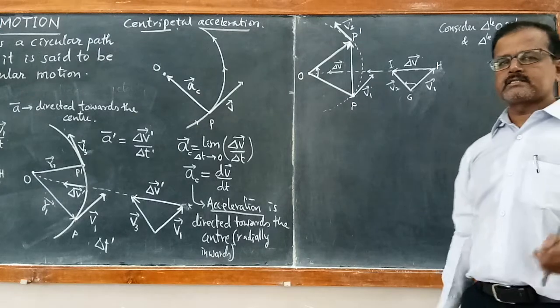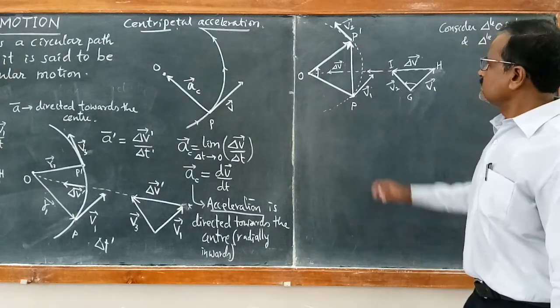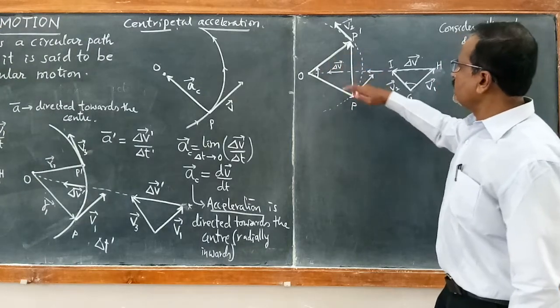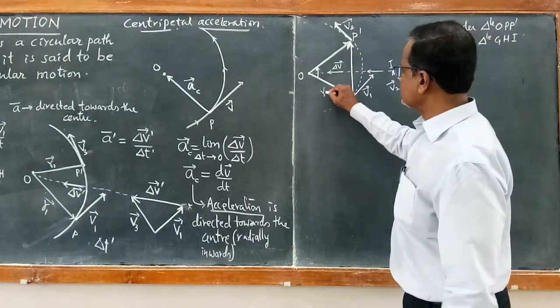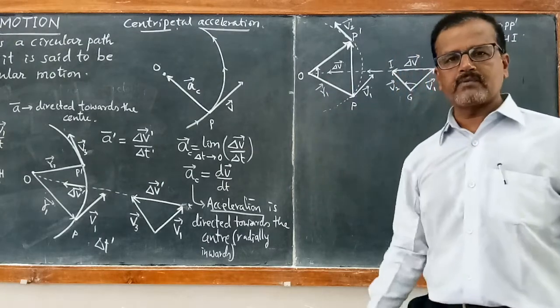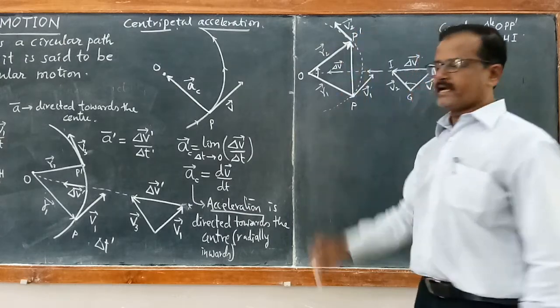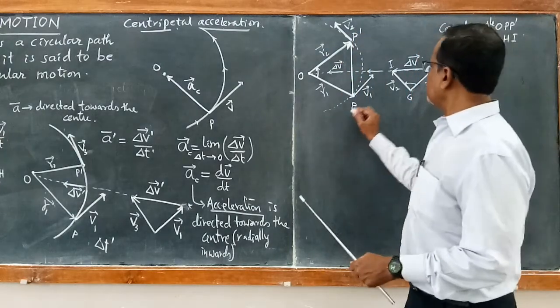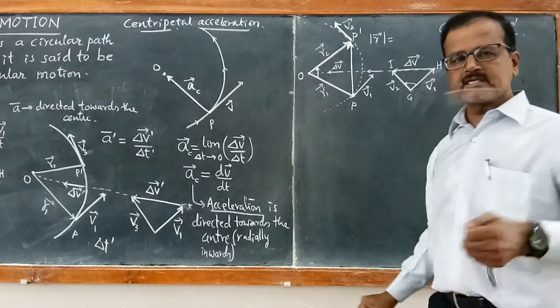These two triangles are similar triangles. How do you prove that they are similar? Look at this. Magnitude of OP is equal to magnitude of OP dash, because this is the initial position vector r1 and this is the position vector r2 at P dash. And what is the magnitude of r1 and r2? That is nothing but the radius of the circular path.